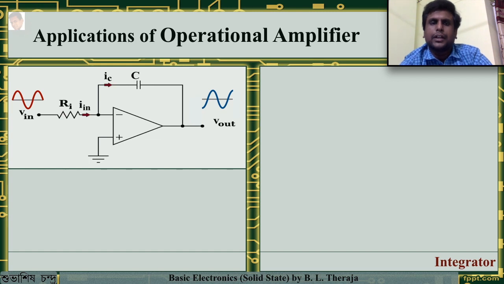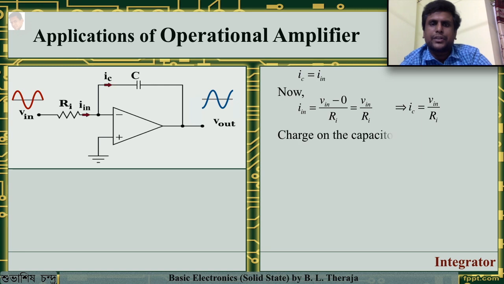Now, the current through the capacitor is equal to the input current as no current flows through the op-amp. So, IC equals IN. The input current IN is nothing but Vin by Ri, so the current through the capacitor IC is also Vin by Ri.